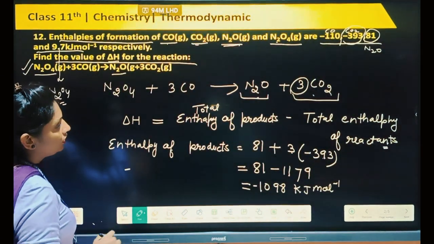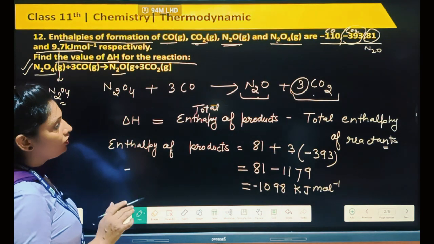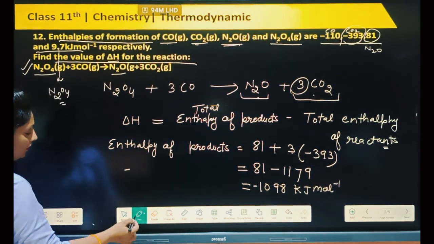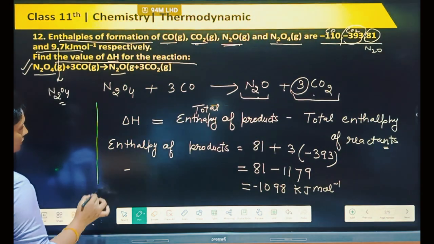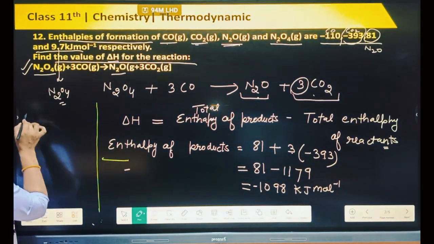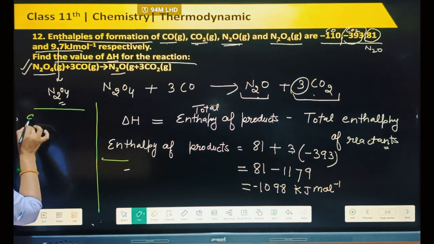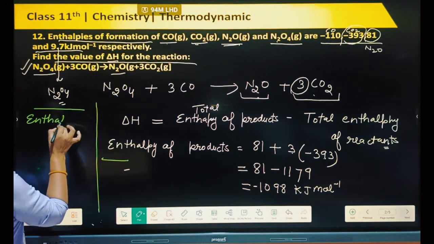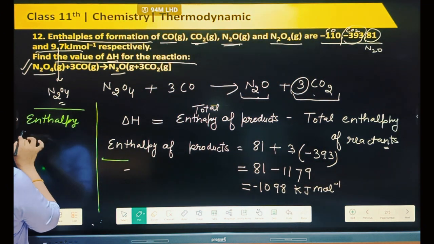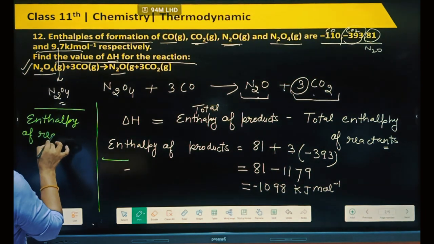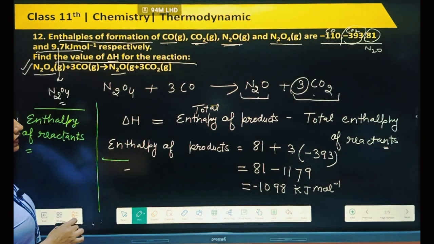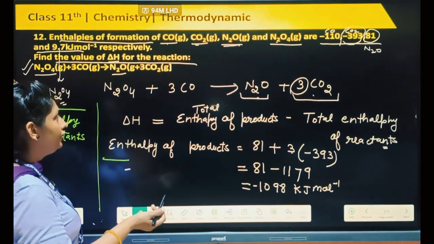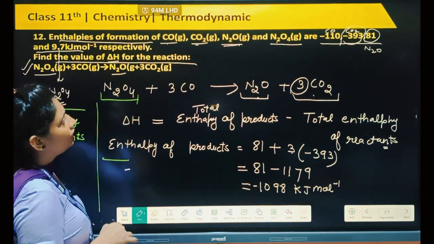Now in the same way, you will calculate the enthalpy for reactants also. Now see, what are the reactants here? Here reactants are N2O4 and 3CO.